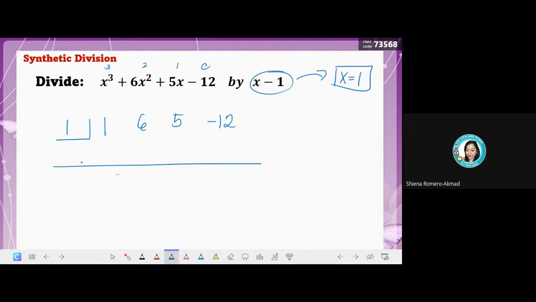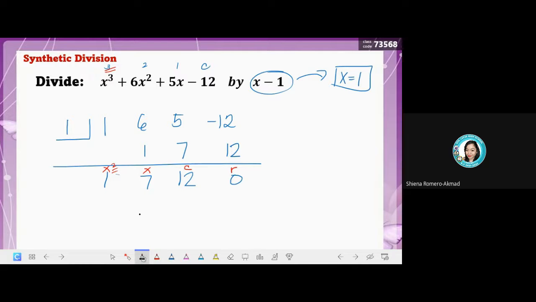So, ganun lang ulit. Bring down, multiply, add, multiply, add, multiply, add. So this will be your remainder. This is the constant term. Ito yung may variable x. Ito yung may x squared. So, pansin ninyo, x cubed kanina, ngayon, x squared.